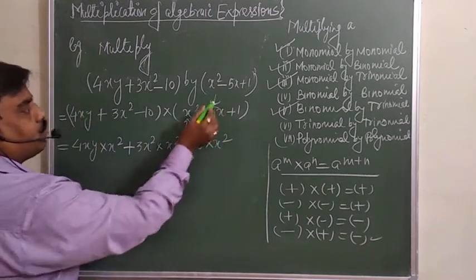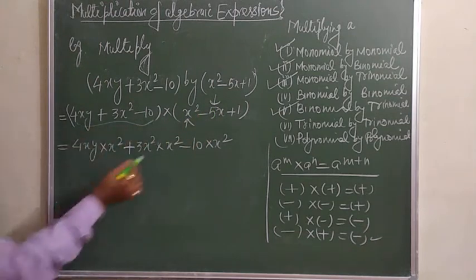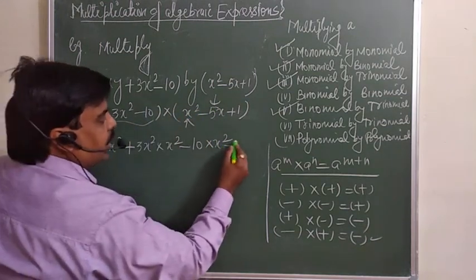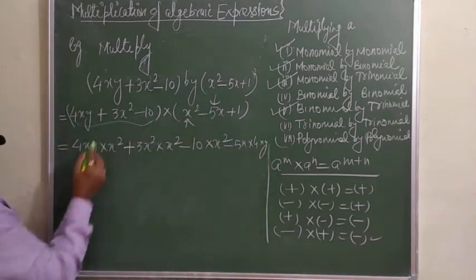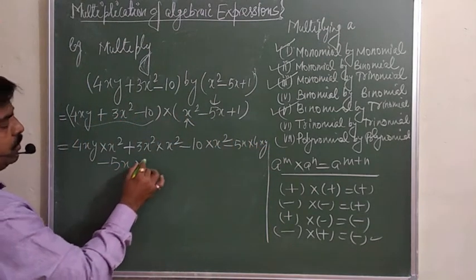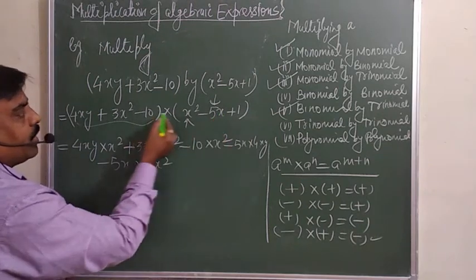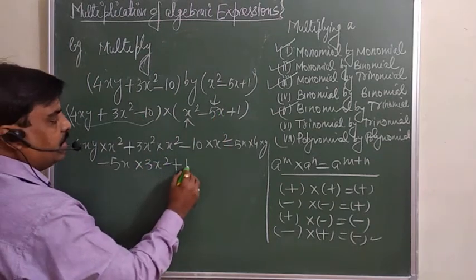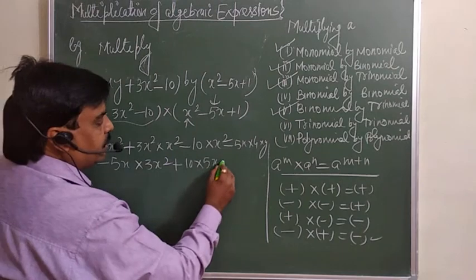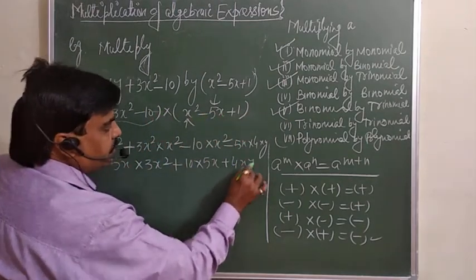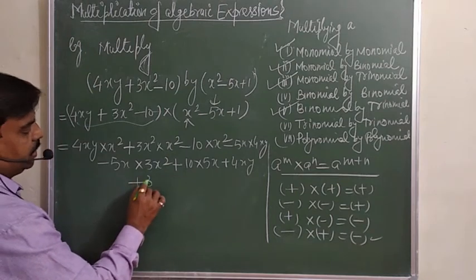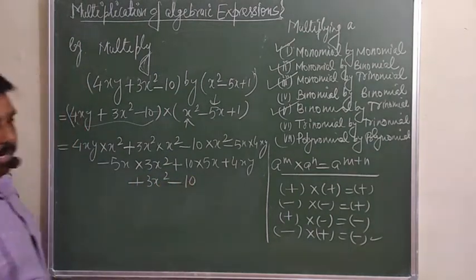Now by this minus 5x we are supposed to multiply these three terms. Minus 5x into 4xy, minus 5x into 3x square, minus 5x and minus becomes a plus 10 into 5x. By this one you will multiply, it will come as it is. So this is 4xy plus 3x square minus 10.